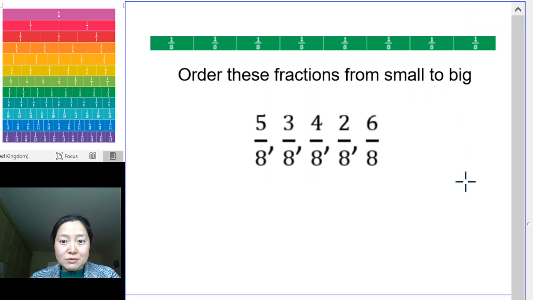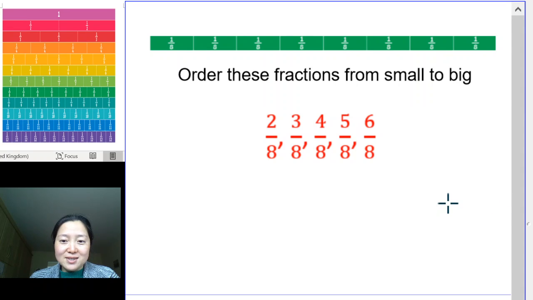So pause your video now, copy this question down, and then write these fractions in order of small to big underneath the copied question in your workbook. Okay? So pause. Now, if you press play again, I will show you the answers next.